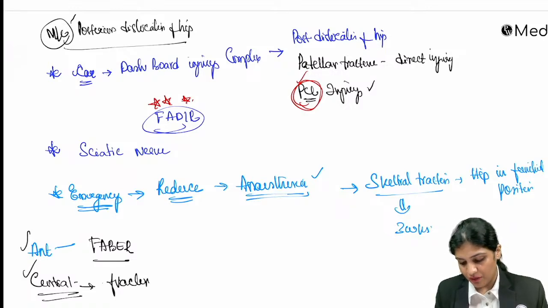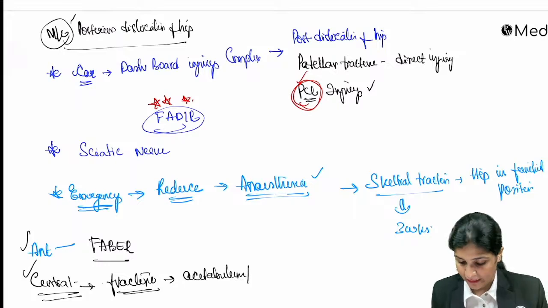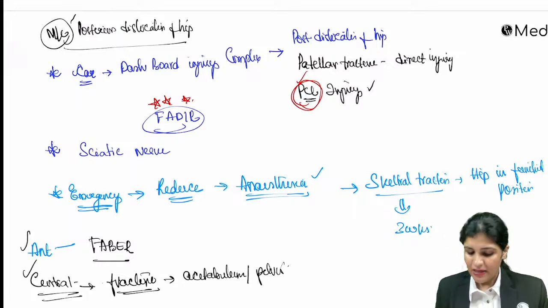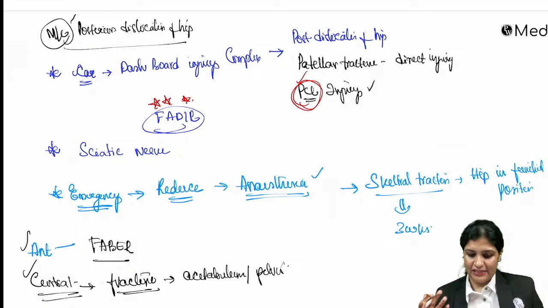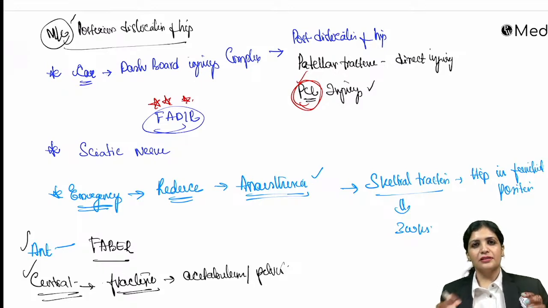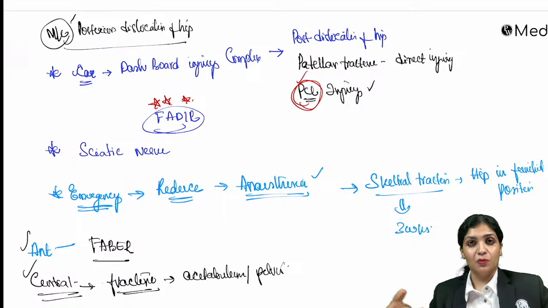So this is always a fracture dislocation, and it is the acetabulum or the pelvis fracture which we usually see, right? In case of anterior dislocation, the classical presentation will be FABER, that is flexion, abduction, and external rotation, right? So this is a little about the dislocation of the hip, and there will always be a question on hip dislocation, which is very important.